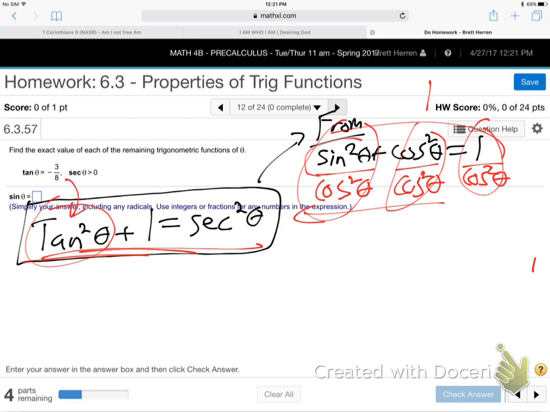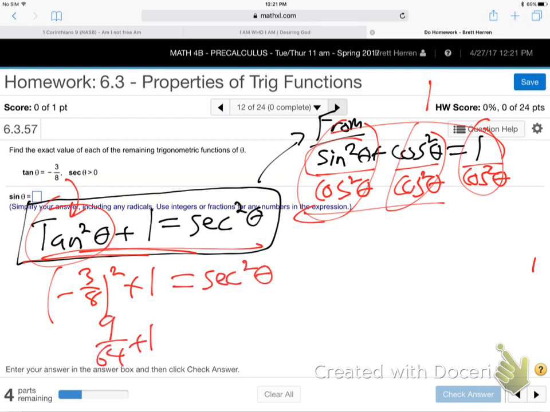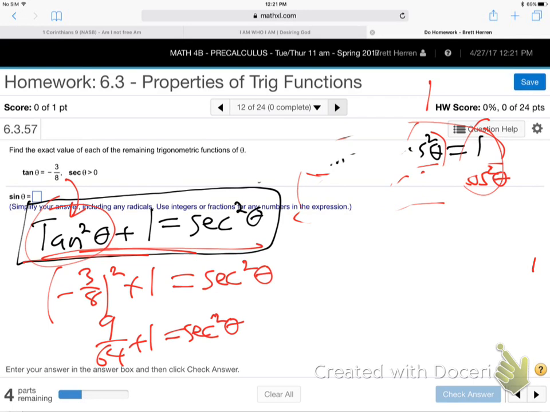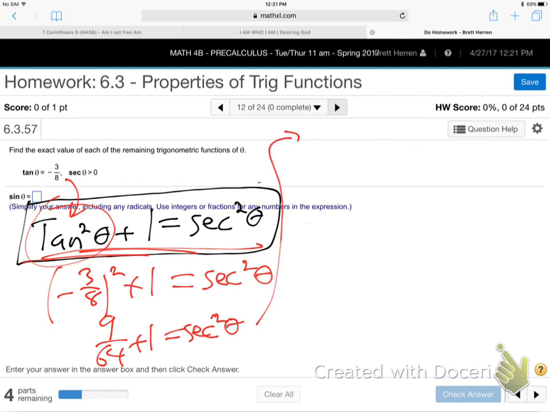Okay, so here we go. Plug in the tangent. Minus 3/8 squared plus 1 is secant squared. So that's what? 9/64 plus 1 is the secant squared. So now bring that up here. 9/64 plus 1 is the secant squared. Now for that 1, you know what I'm going to do with that 1?